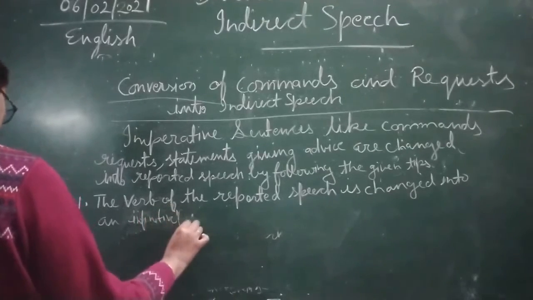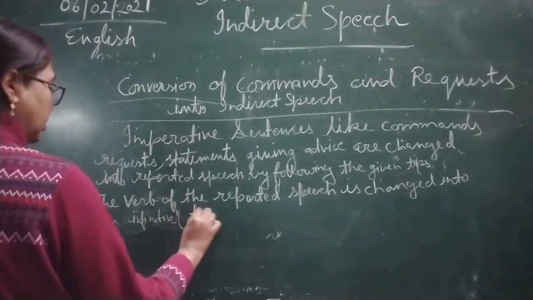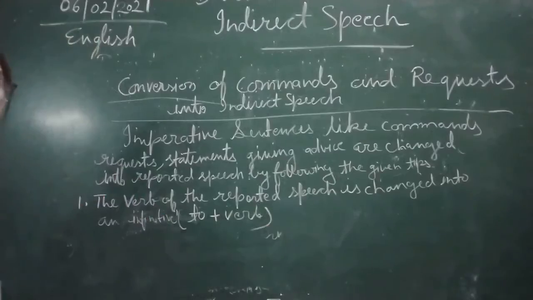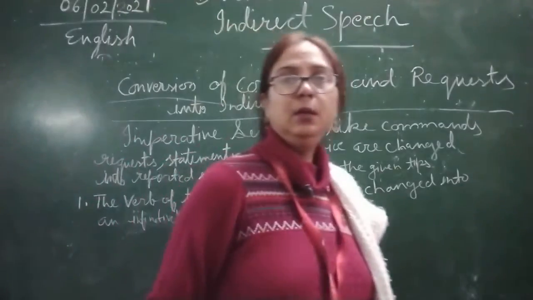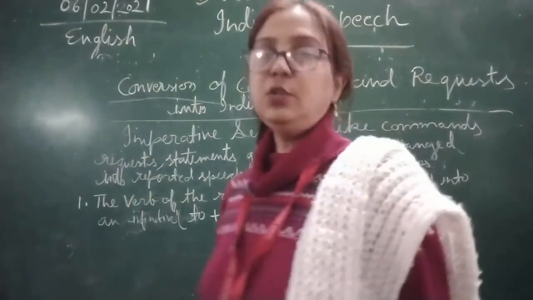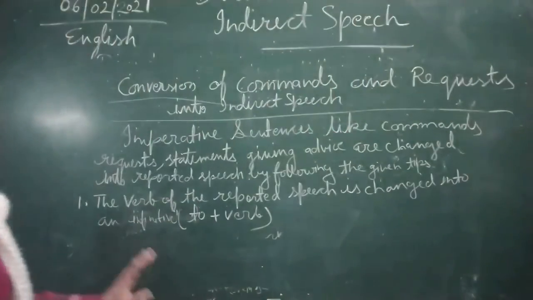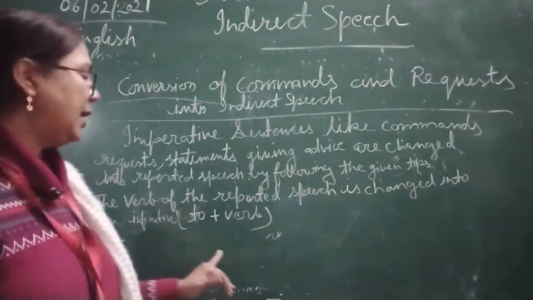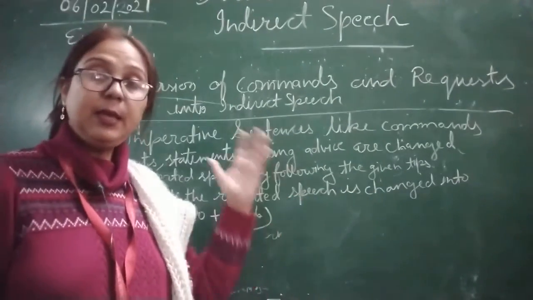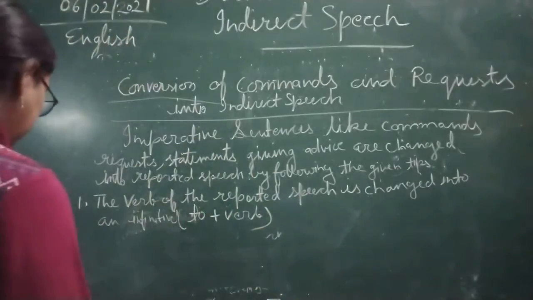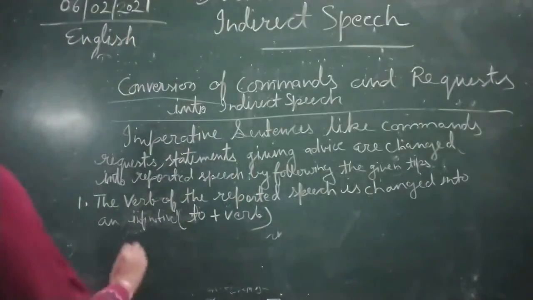Infinitive: here to and then plus verb, that is called to reading, to jumping, to writing. These types of things are called infinitive. So children, first rule is the verb of the reported speech is changed into an infinitive while making direct to indirect speech. So I will give you some examples.